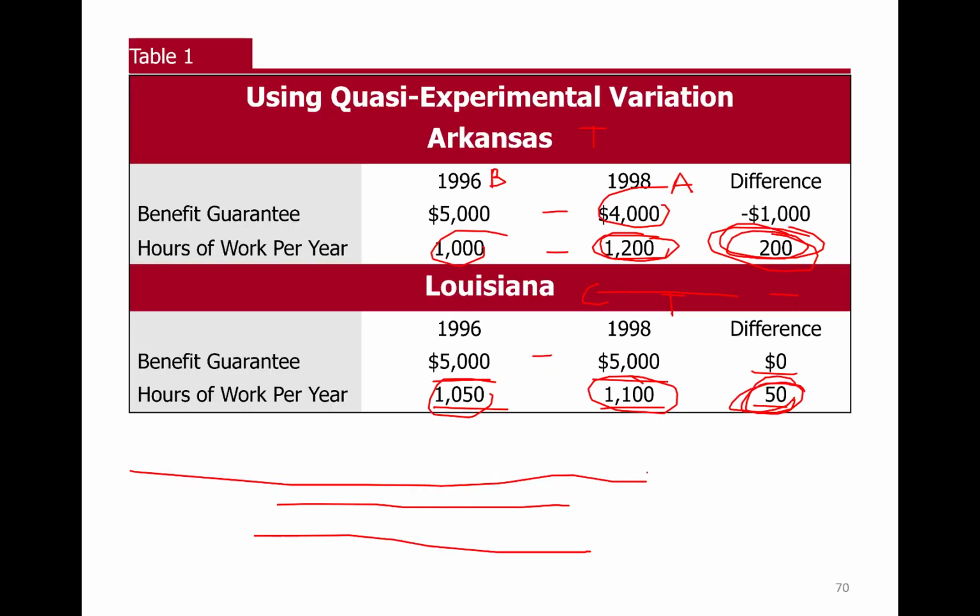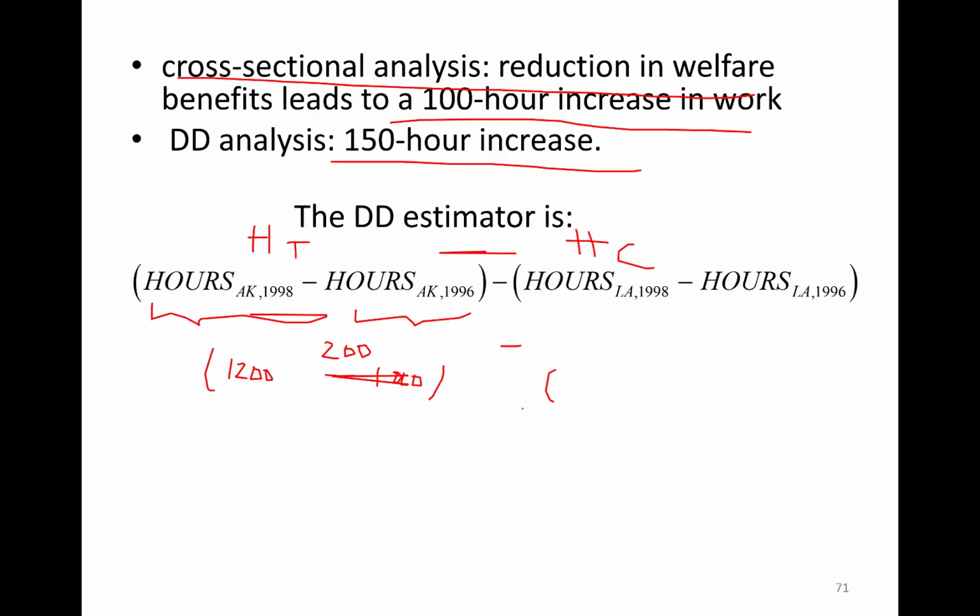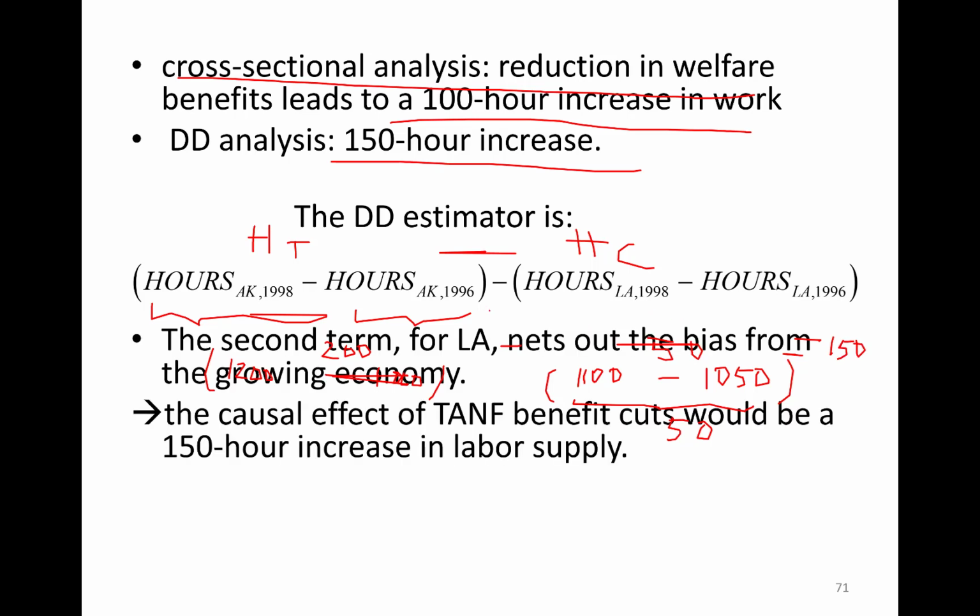It was 1100, before 1050. So here you have a 50-unit change in the control group. So 200 minus 50, a 150-hour increase is attributable to the benefit cut.